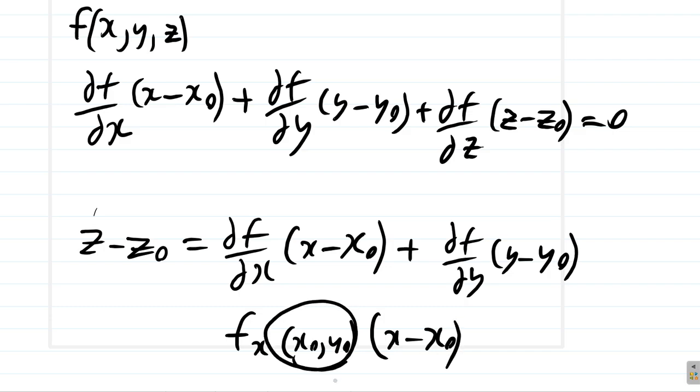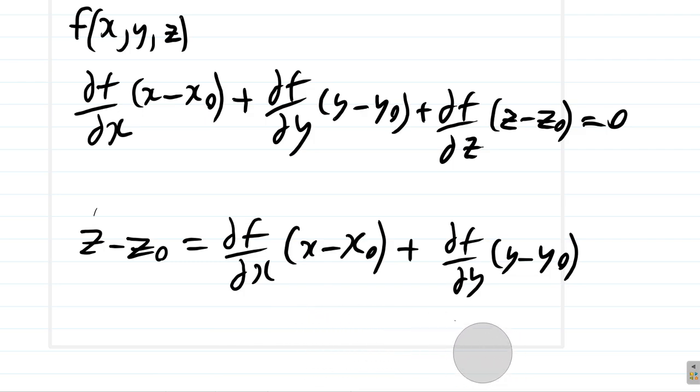This means that this value should be substituted into it, but I did not bother to put it there. I don't want to crowd the screen too much. But you should understand that these values occur at the given point where you have x naught, y naught, z naught.